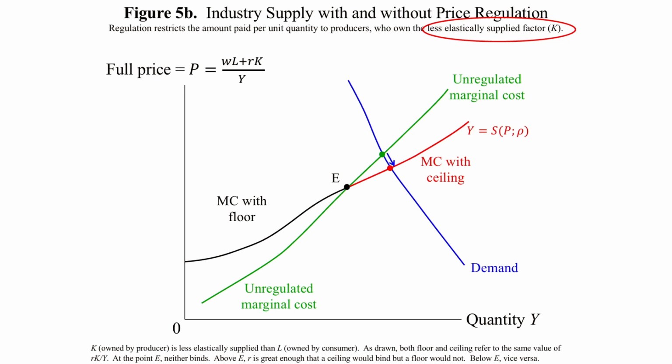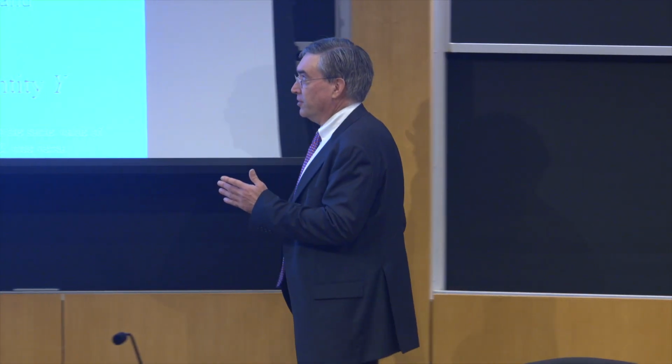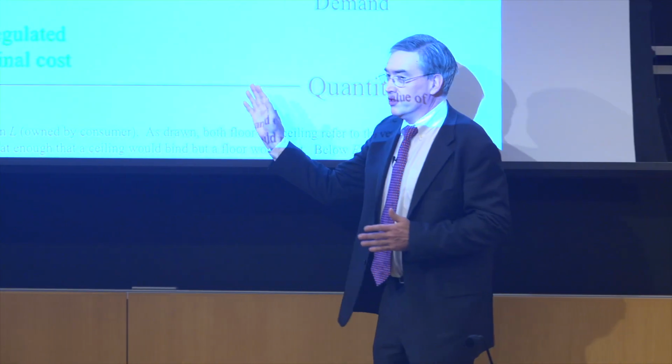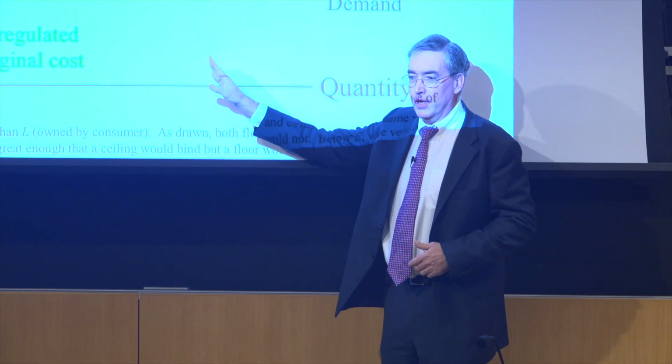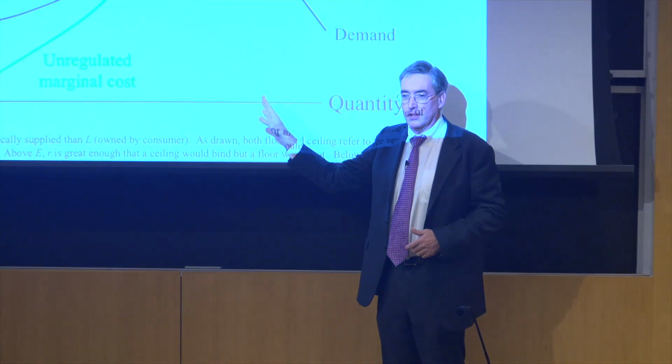So in this picture, a ceiling increases the quantity. We're going to a lower full price and a higher quantity. So the textbook said that doesn't happen, right? And if this were the model describing the world, you would be foolish to say, oh, this is a competitive market, but I went in the data and saw the quantity increase.